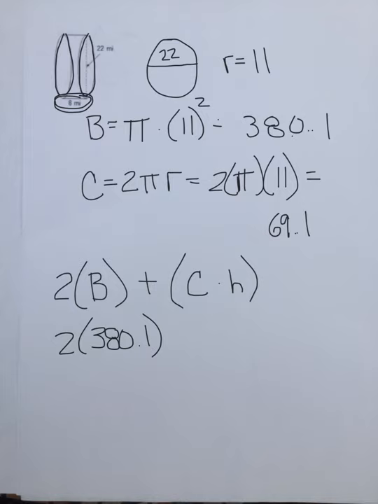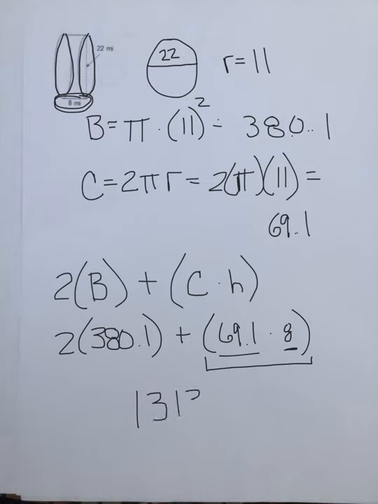And then to find what we call lateral area, again the soup can label, it's going to be 69.1, which was the circumference, times the height, which is 8. This gives me my lateral area. The entire surface area of this is going to be 1,313, in this case miles squared.